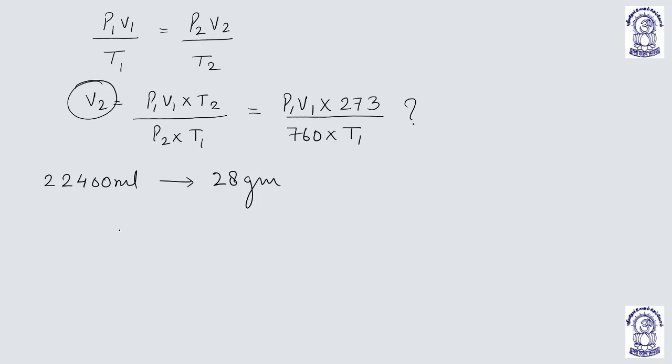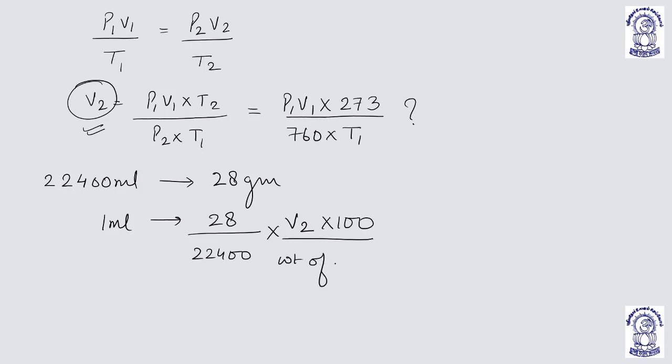Now, for 1 ml the weight will be 28 upon 22400, and for V2 ml you calculate V2: 28 upon 22400 into V2, into 100 upon weight of organic compound.